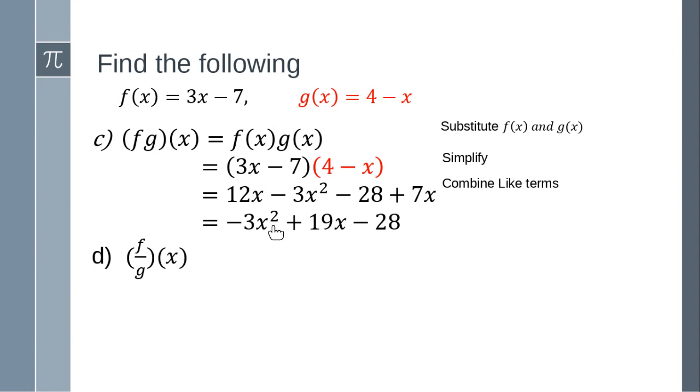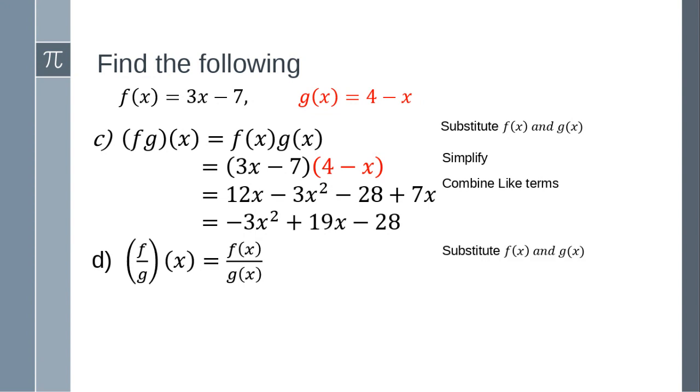So we write it as negative 3x squared. Oh, sorry, and we do have some like terms. We had the 12x and the 7x. 12x plus 7x is 19x. That gives me my middle term, and the constant negative 28 didn't have anything to add with, or the negative 3x squared.